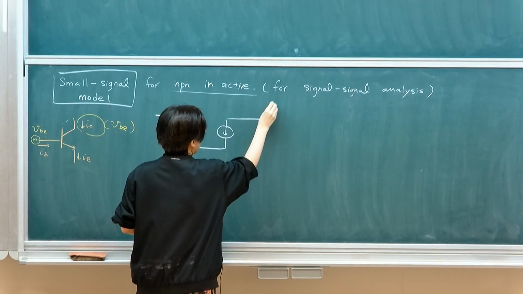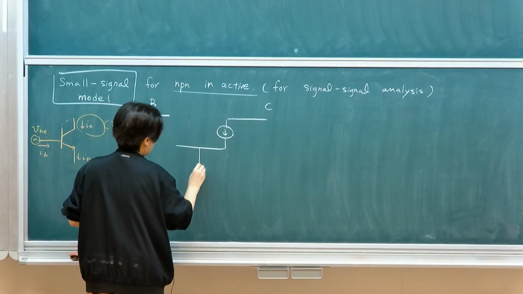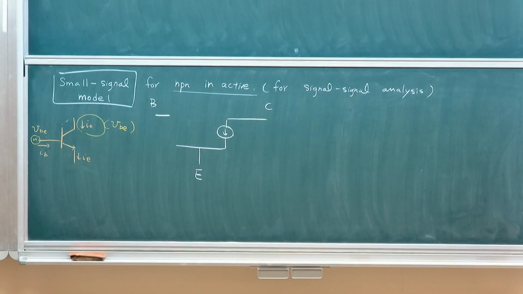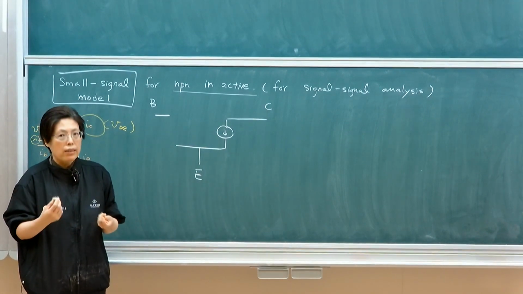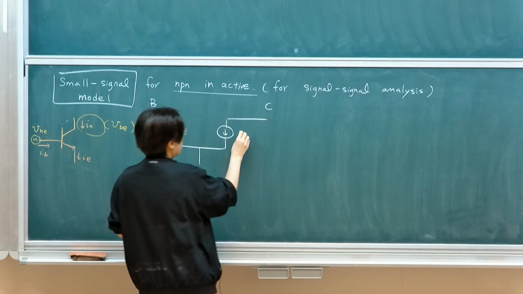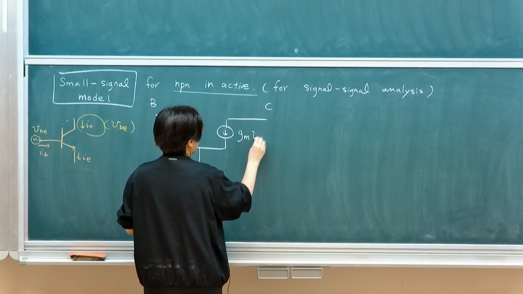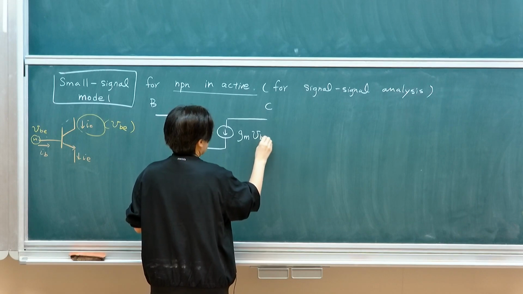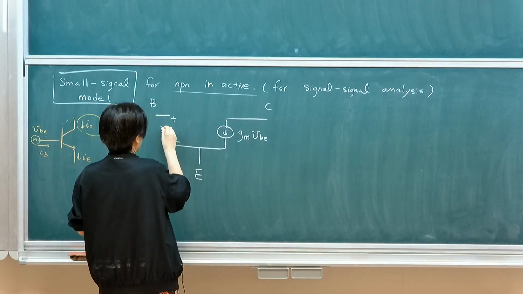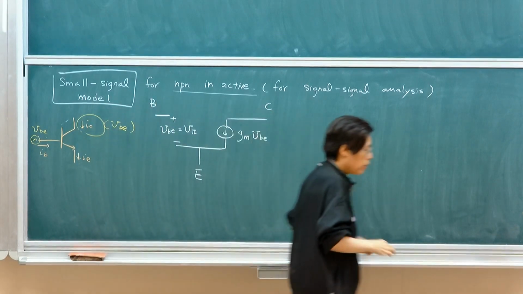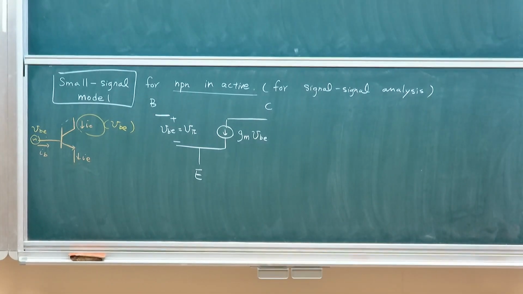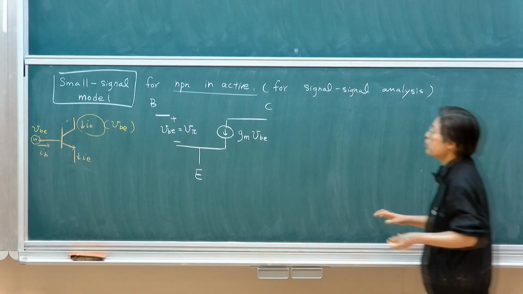This will be C, B, E. As with the large signal model, you first identify 3 terminals. And on this side, we're simply going to use a linearized component, which is typically referred to as transconductance. Let me not move too fast.